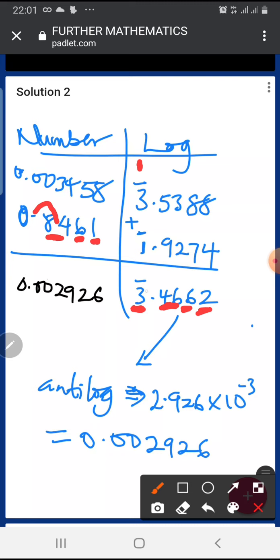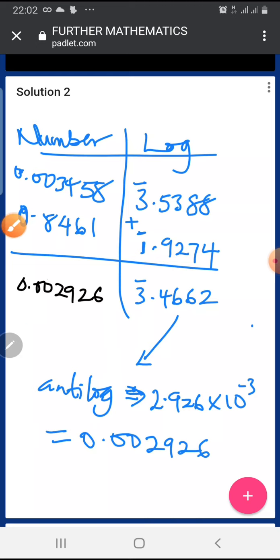The characteristic is negative 3. Now when you do that, you move this to the left 3 times: 1, 2, you had 0, 3, you had 0. And then you put the point. So it will be 0.002926. And that is the answer you transfer here.